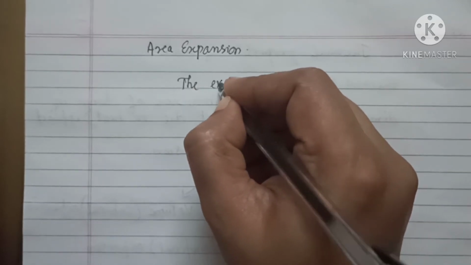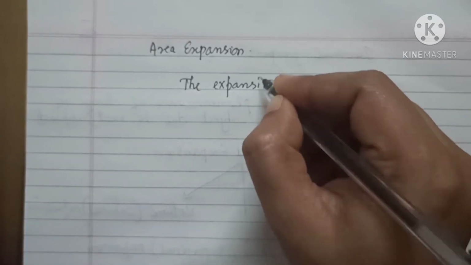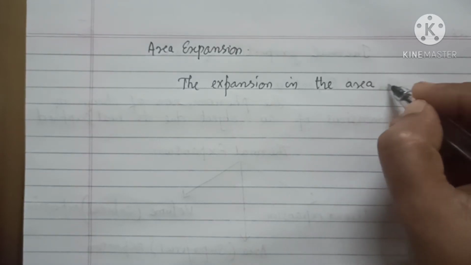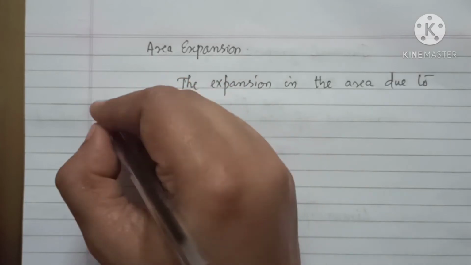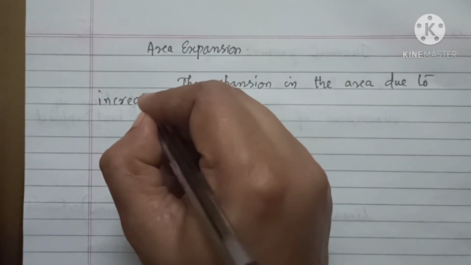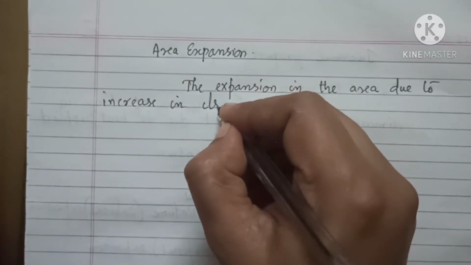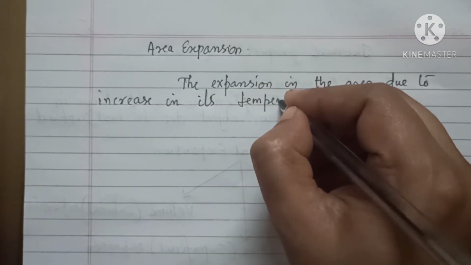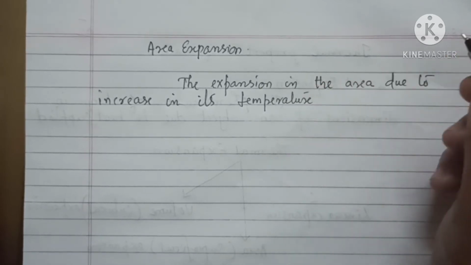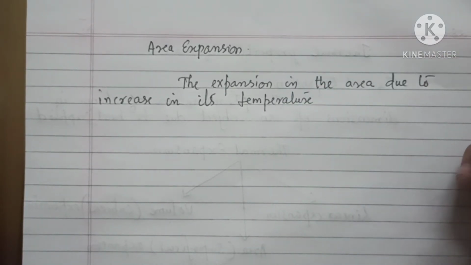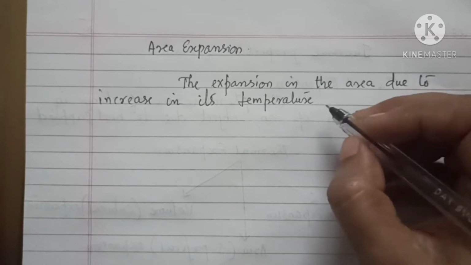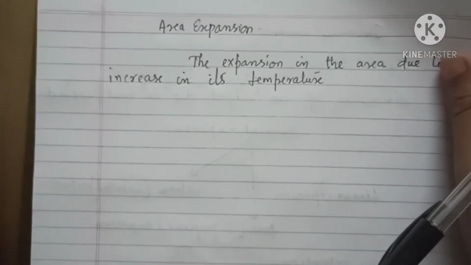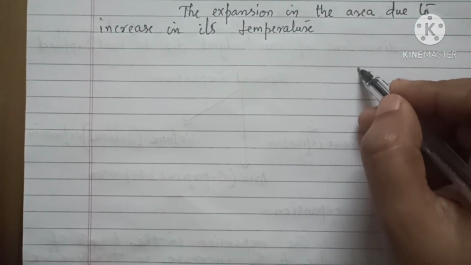The expansion in the area due to increase in its temperature. Okay, expansion in the area due to increase in its temperature. It is known as what? Area expansion. Clear? So suppose you are considering a plate like this.